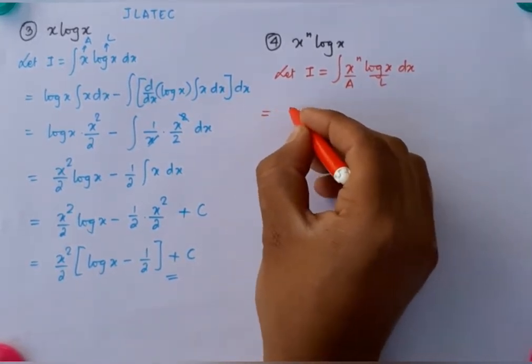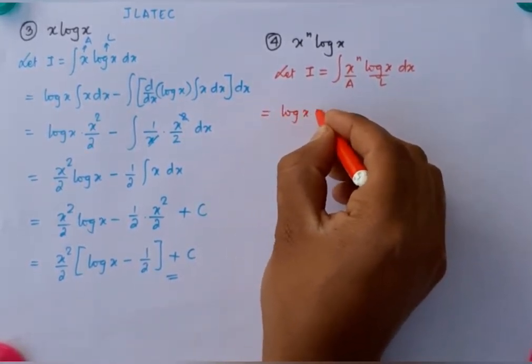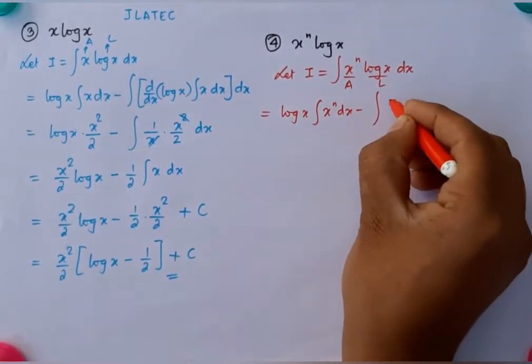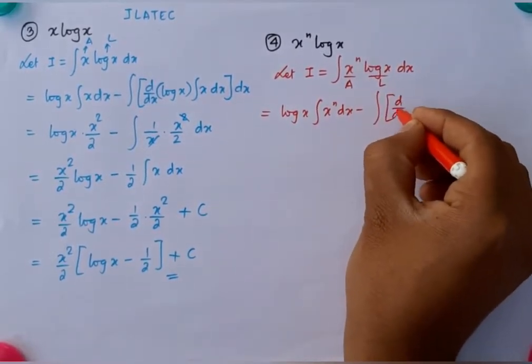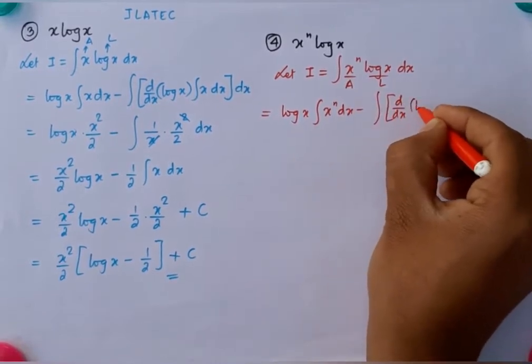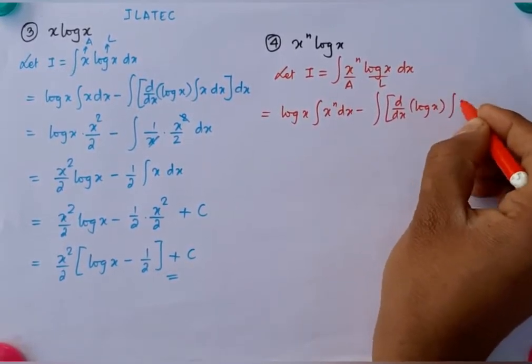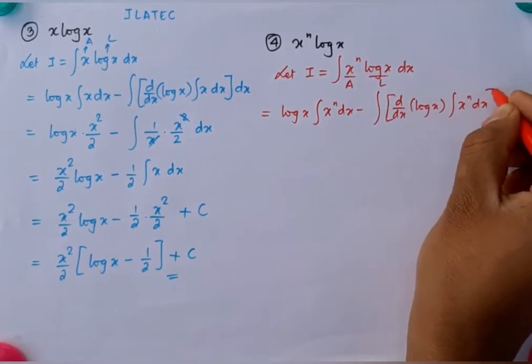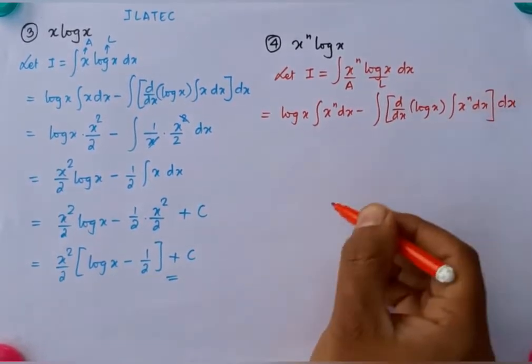So that's why this becomes log x integral of x to the power n dx minus integral, so d by dx of log x integral of x to the power n dx and one more dx outside.